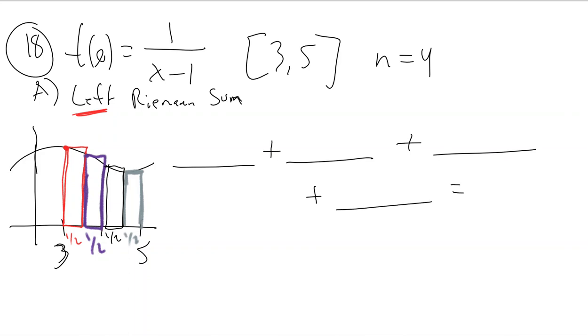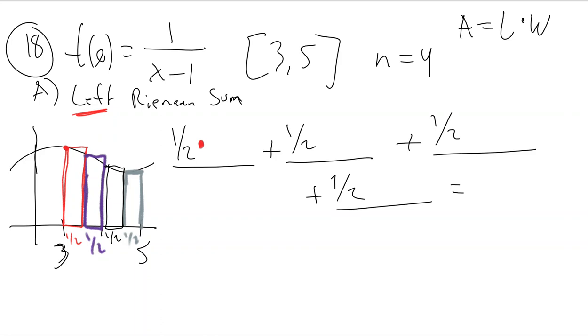So 4 rectangles, and how do we find the area of a rectangle? Okay, and we already, long time ago, figured out that the width is a 1/2. So that's the easy part.